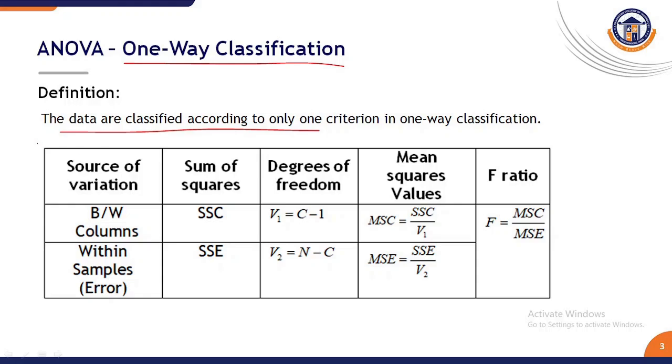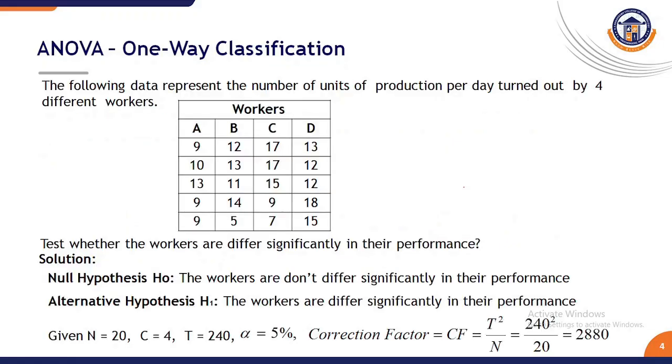This is the one-way classification ANOVA table. It combines the values of sum of squares, degrees of freedom, mean square values, and F ratio. This one-way classification is explained in the following example.